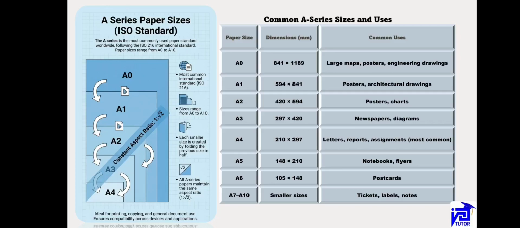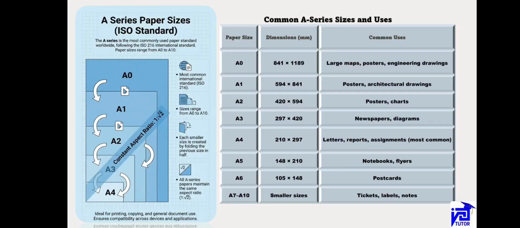So to get A3, my shorter side will now be 297, while the shorter side in A4, which is 210, is doubled, that is multiplied by 2. So A3 will be 297 millimeter by 420.